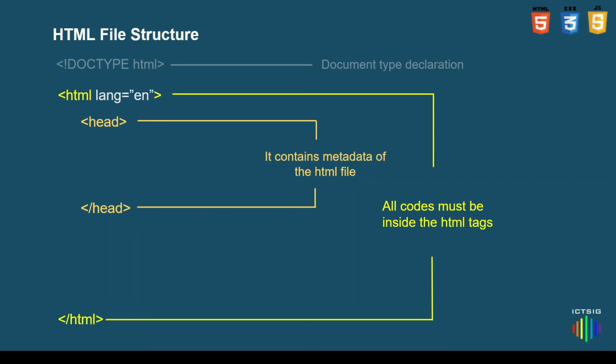In the head element, it usually contains the meta, which I'm going to explain a bit later, the title of this particular HTML file, a link to CSS, or a link to external JavaScript, or a script written inside the head before the browser renders the rest of it. We'll talk about head a bit later on.